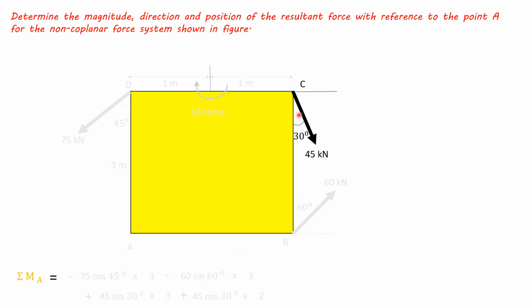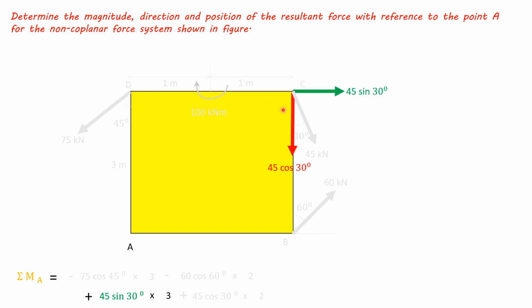Now, considering the components of this force, first consider this component. Its line of action passes through point D and it has perpendicular distance of 3 meters from point A, and it will rotate about point A clockwise, so its moment is 45 sin 30 into 3, positive.